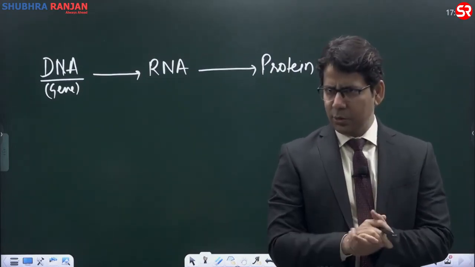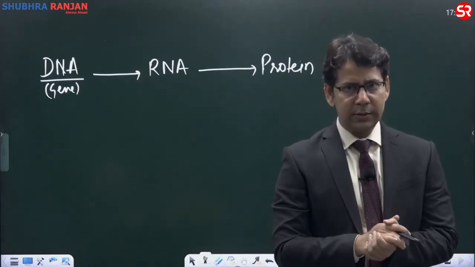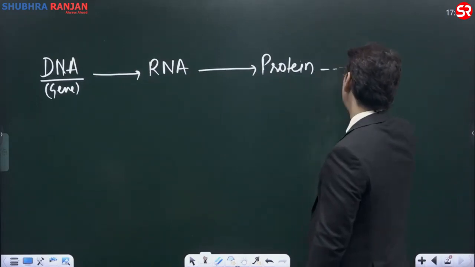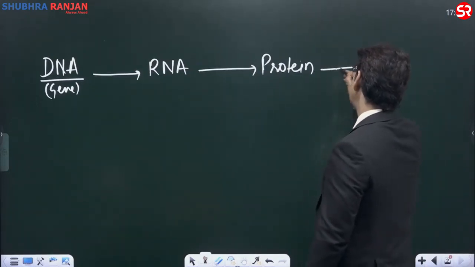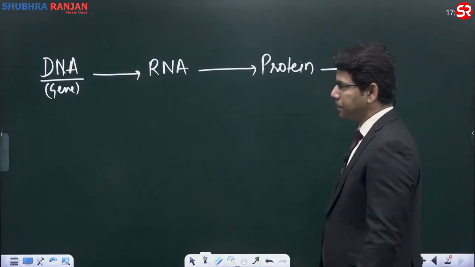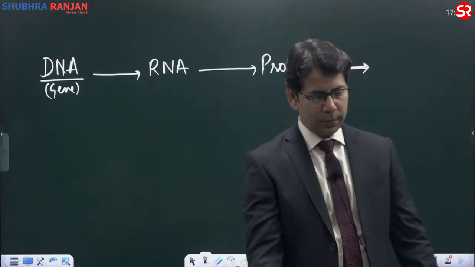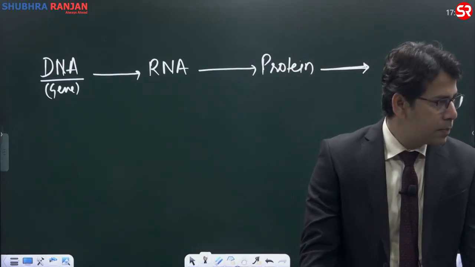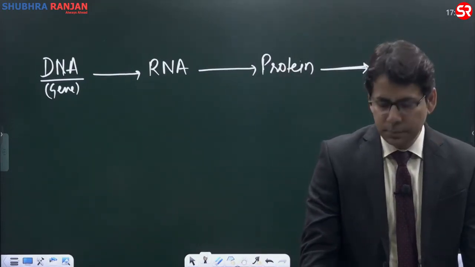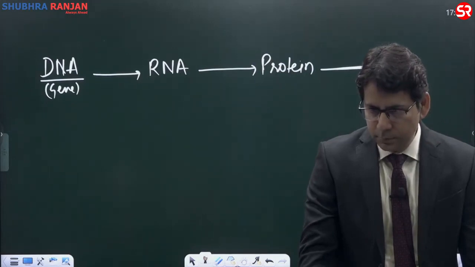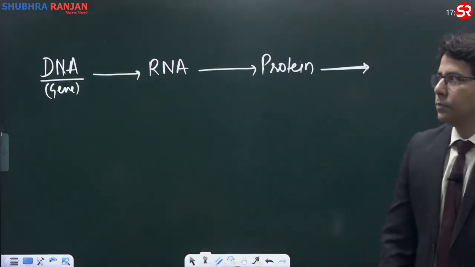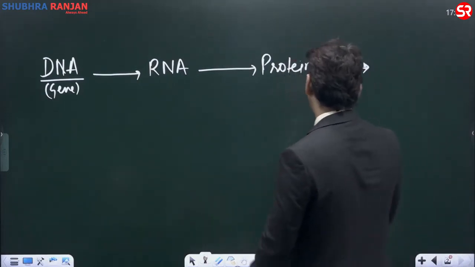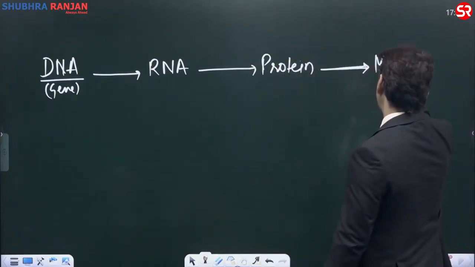Protein is enzyme, like I told you that all enzymes are protein. So we can say protein is responsible for life process. The protein is responsible for life process, that is metabolism, right?